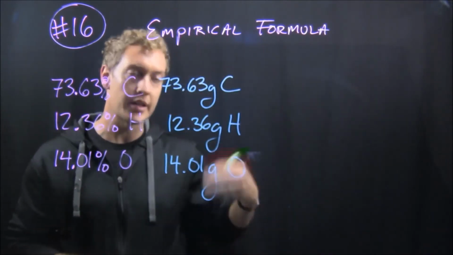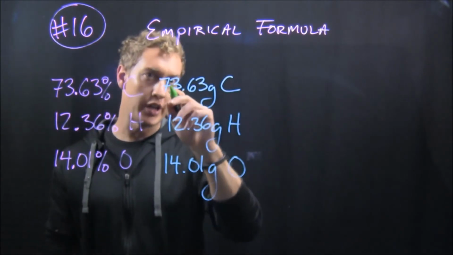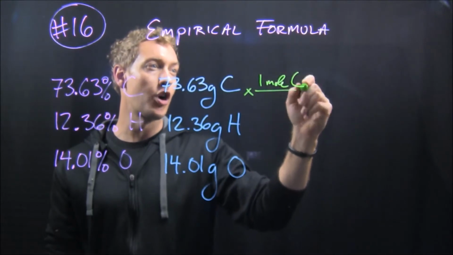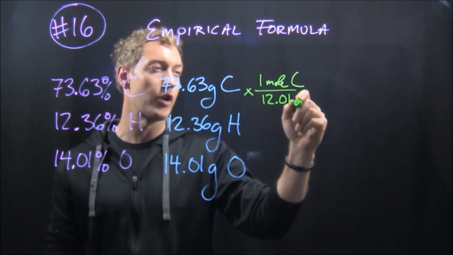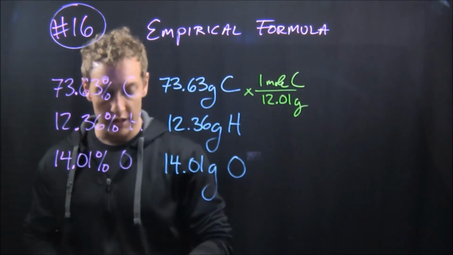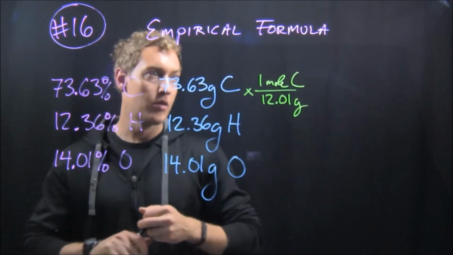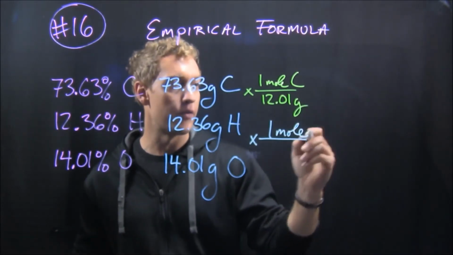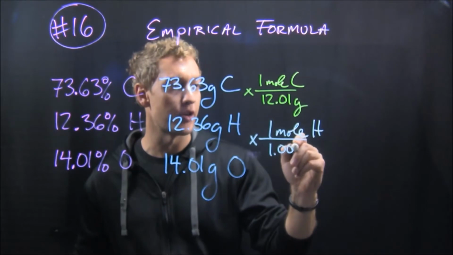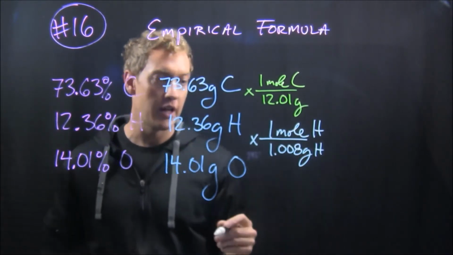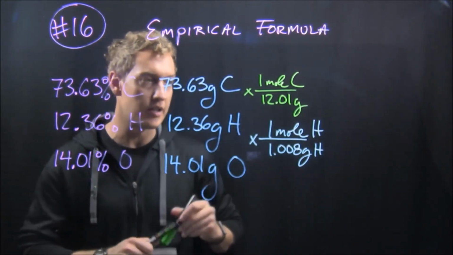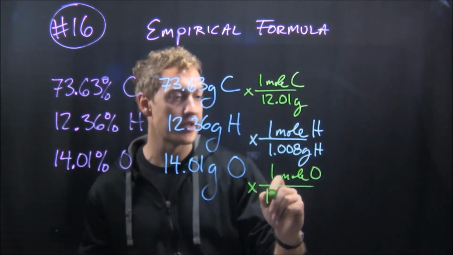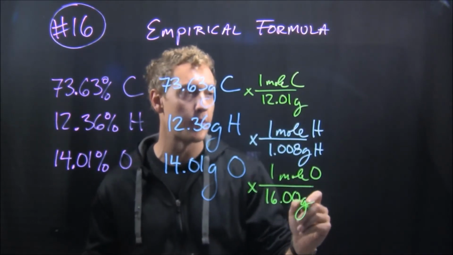So we're going to take 73.63 grams times 1 mole of carbon for every 12.01 grams. For hydrogen, it is 1 mole for every 1.008 grams of hydrogen. And for oxygen, it is 1 mole of oxygen for every 16.00 grams of oxygen.